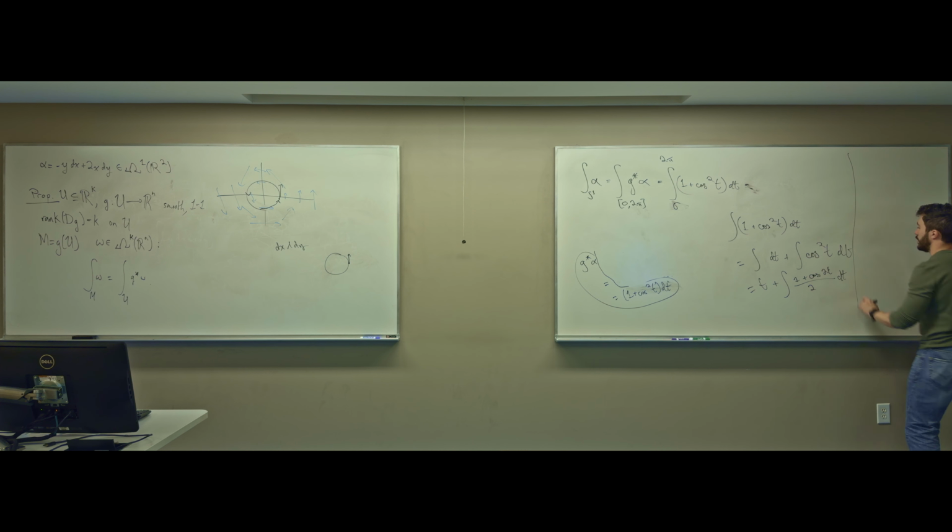And I'll come up here. I can use linearity again, and I can get t plus t over 2 plus this thing now, 1/2 cosine 2t dt.